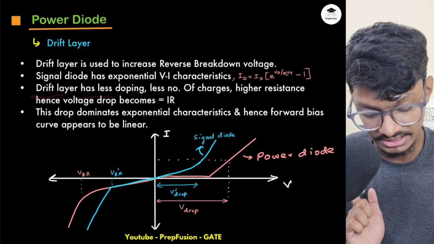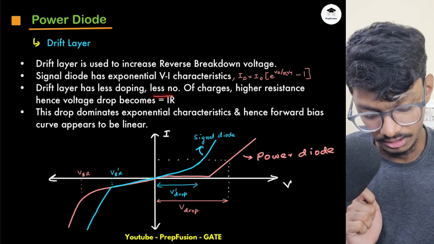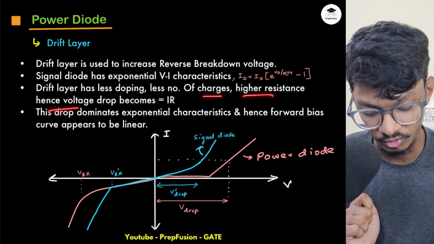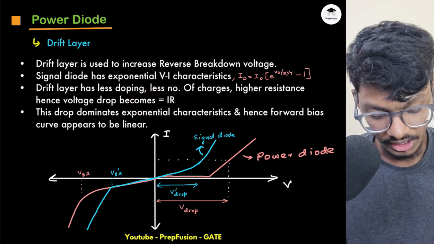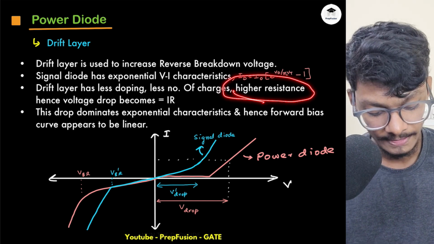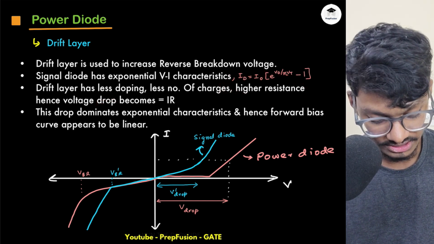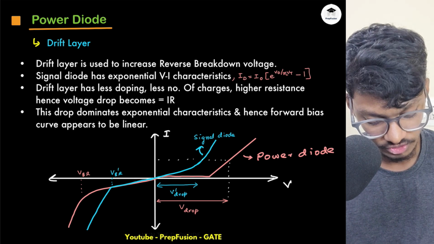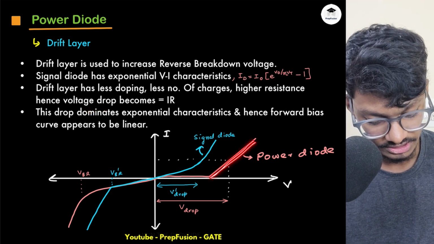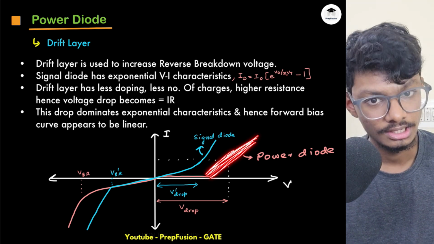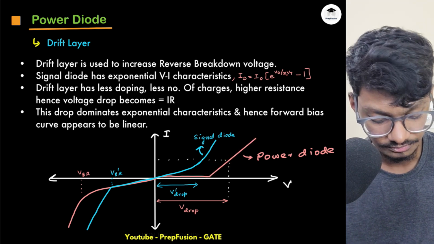The drift layer has less doping, fewer charges, and higher resistance. Hence the voltage drop across it becomes I into R. As it has higher resistance and less doping, the voltage drop across the drift region almost becomes linear. Why is this the case?